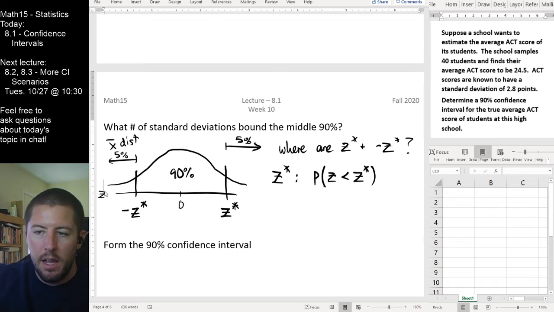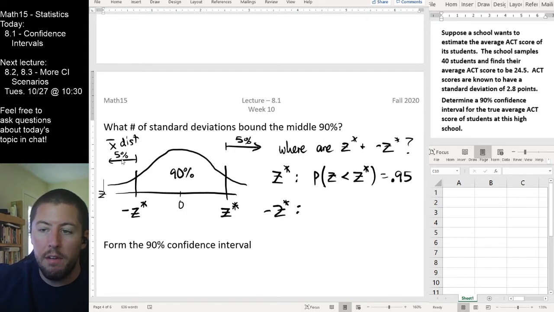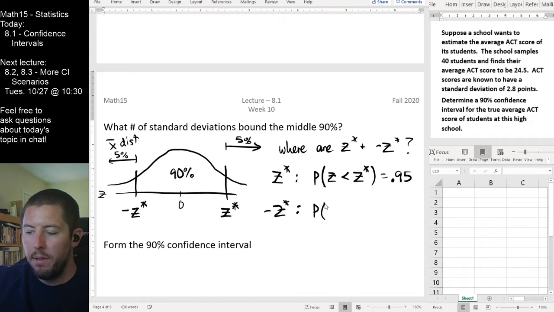And we can see that 90% plus an additional 5% of our area is to the left of z star. For our negative z star, only 5% of the area is to the left of it. So the probability that we take a sample and see that its number of standard deviations from the mean is less than negative z star should be 0.05.